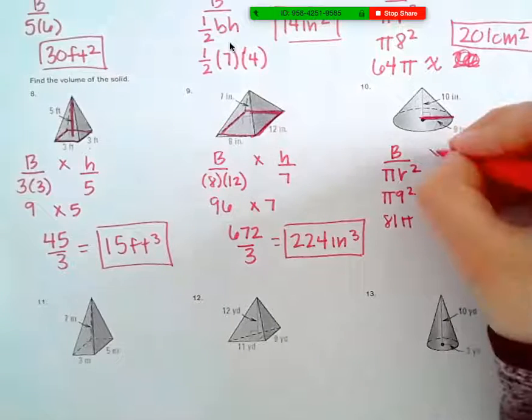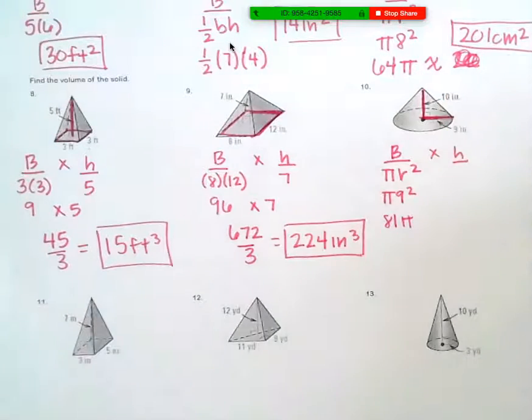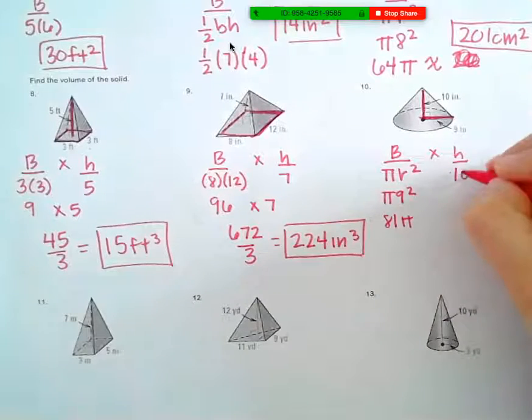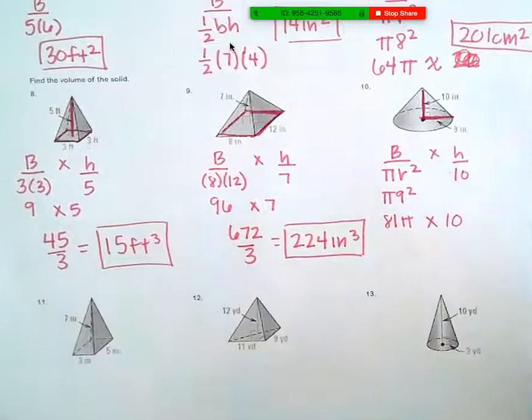Now, how tall is our cone? 10. We're going to get a huge number. So what is 81 times 10? Would that be like 8,100?